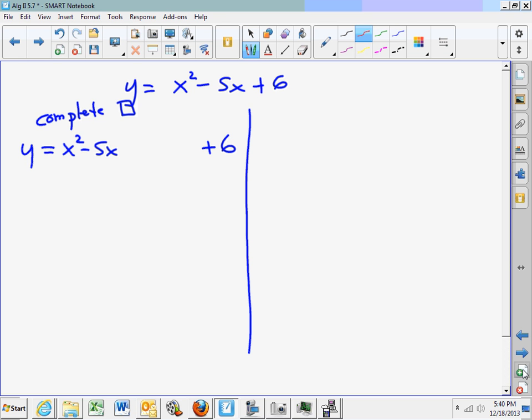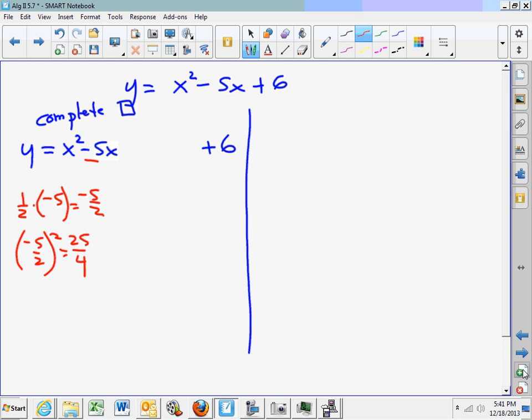We look at the linear coefficient, which in this case is negative 5, and we take half of it. Of means multiply. Half of is 1/2 times negative 5, and we get negative 5 halves. Now we square negative 5 halves, and we get 25 fourths. That's what we want to add to complete the square.